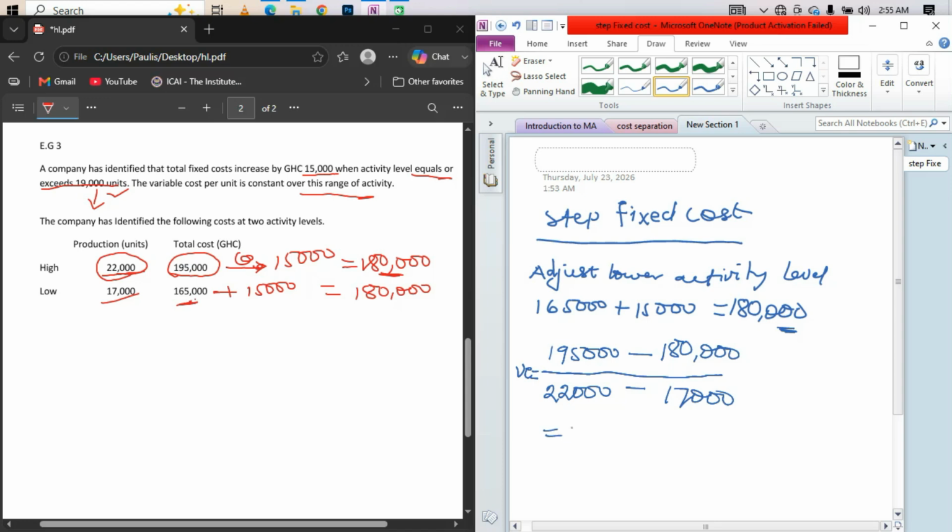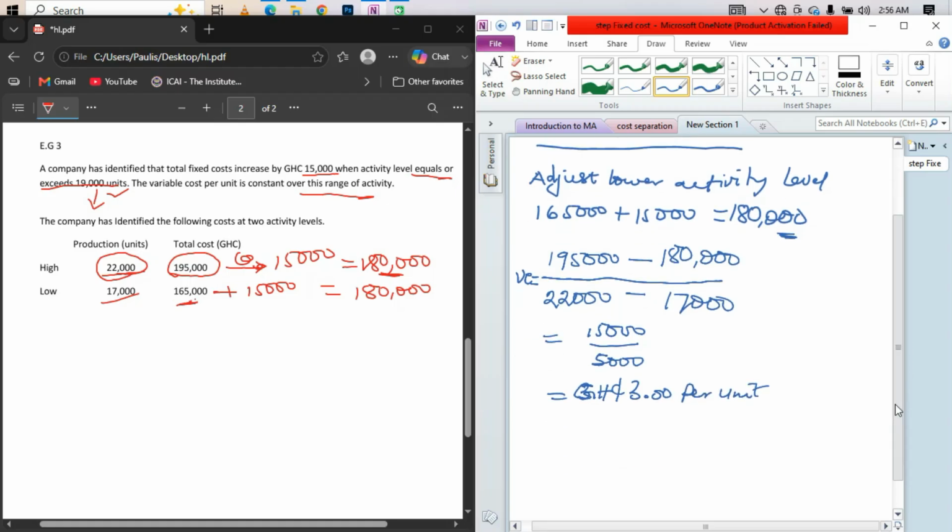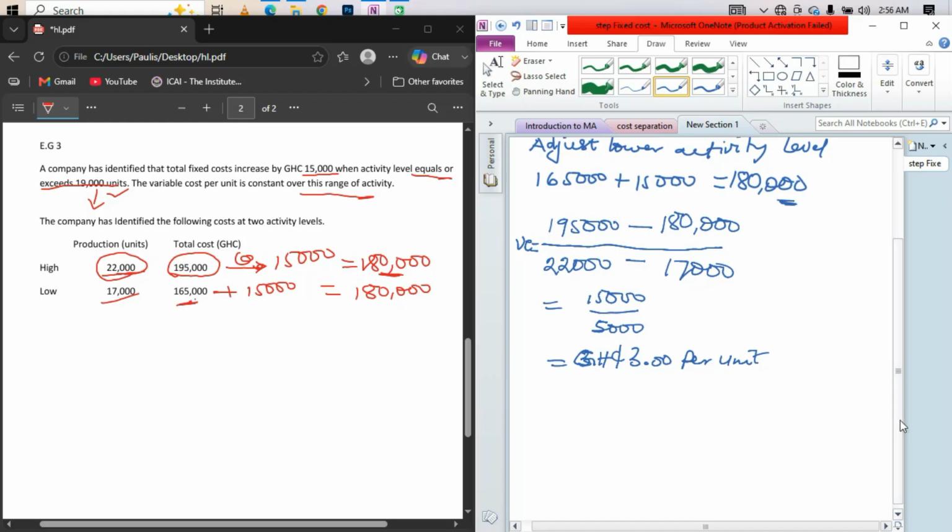So what will this give us? The top will give me 15,000 divided by 5,000, which will give me 3 Ghana cedis per unit. That is the variable cost per unit.